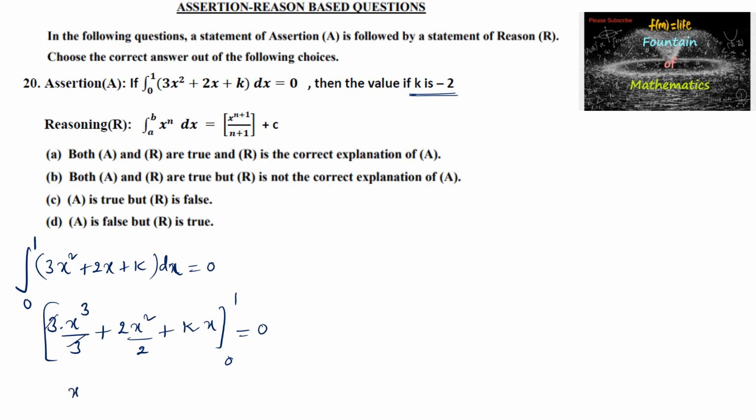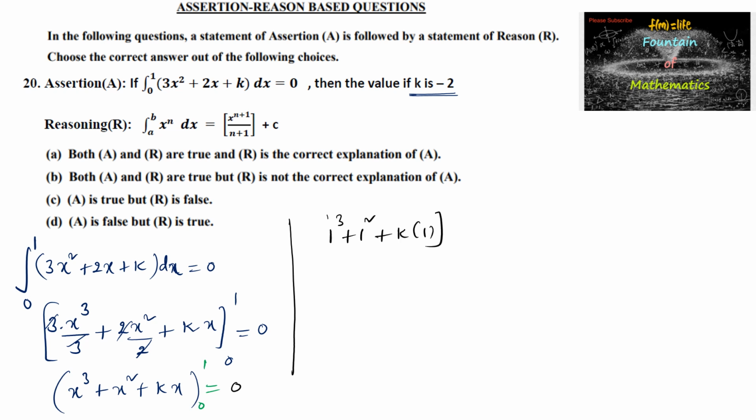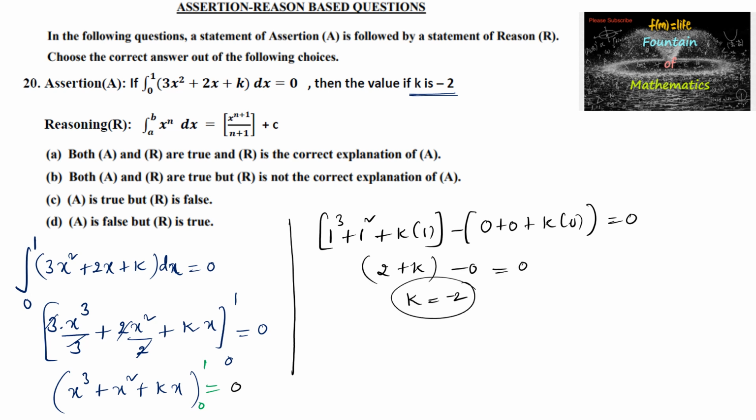So we can write x power 3 plus x square plus kx over the limits 0 to 1, which is 0. On simplifying, 1 cube plus 1 square plus k into 1, the upper limit, minus the lower limit 0 plus k into 0, is equal to 0. So 1 plus 1 is 2, 2 plus k minus 0 is equal to 0, or k is equal to minus 2. So the value of k is minus 2, which is correct.